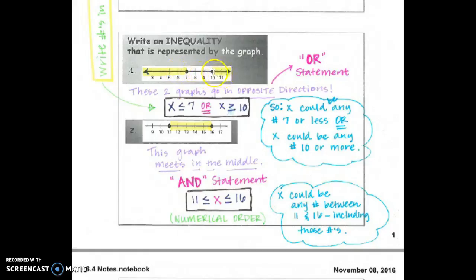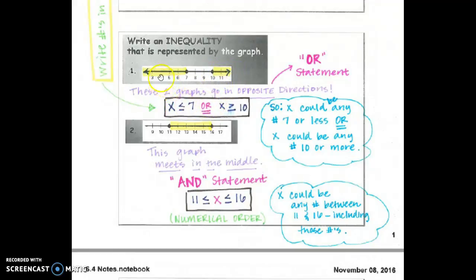On your graph, you've got arrows going this way and arrows going this way, so you have two separate parts of the graph that are highlighted. These graphs are going off in opposite directions. If graphs go off in opposite directions, it becomes an or statement where x could be 7 or anything less than 7, or x could be 10 or anything greater than 10.